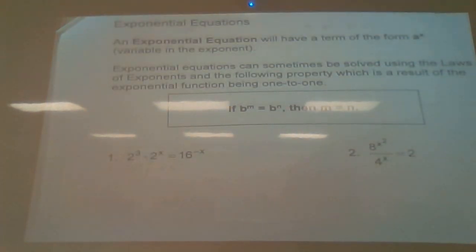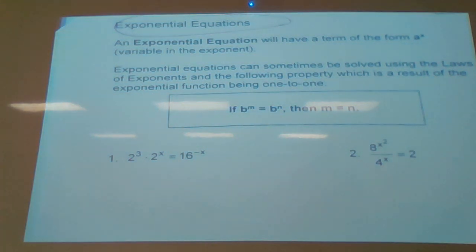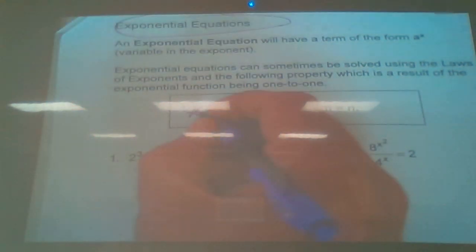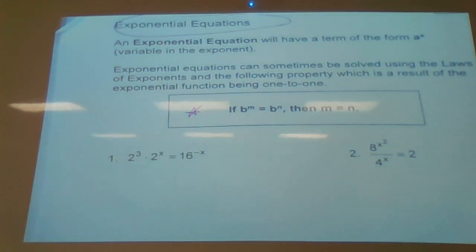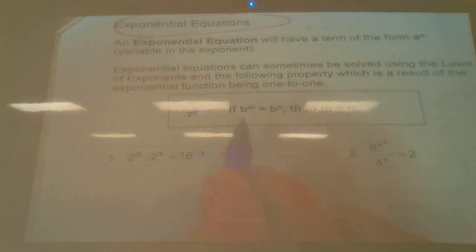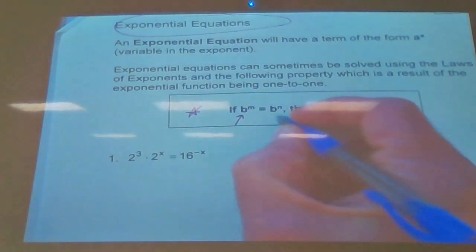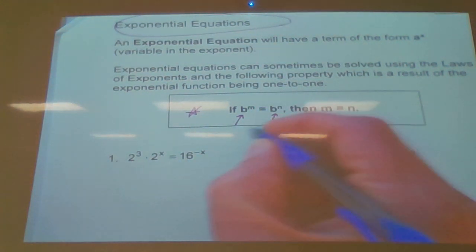All right, for this section, we're going to solve exponential equations. So we're going to solve for x. The key to solve an exponential equation is this formula right here. And we're going to notice the key also is having the same base.